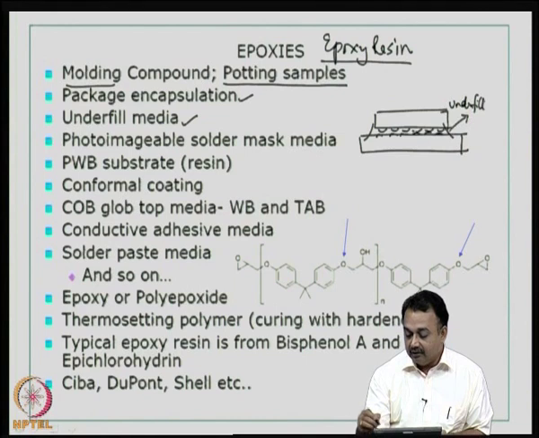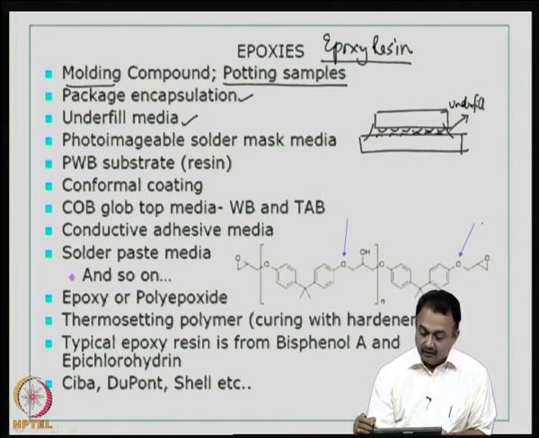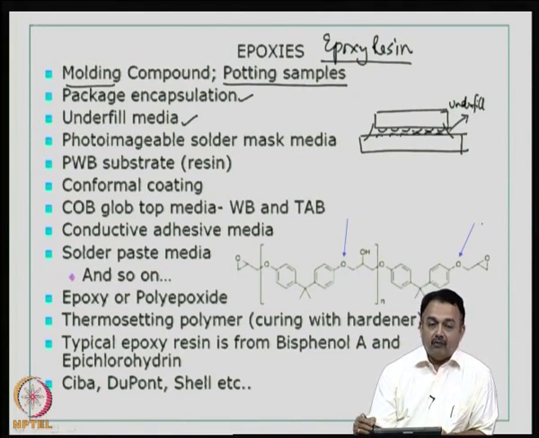So, this underfill material is also an epoxy material very commonly used. We will see why underfill, and what if you do not use an underfill, in the coming lectures.